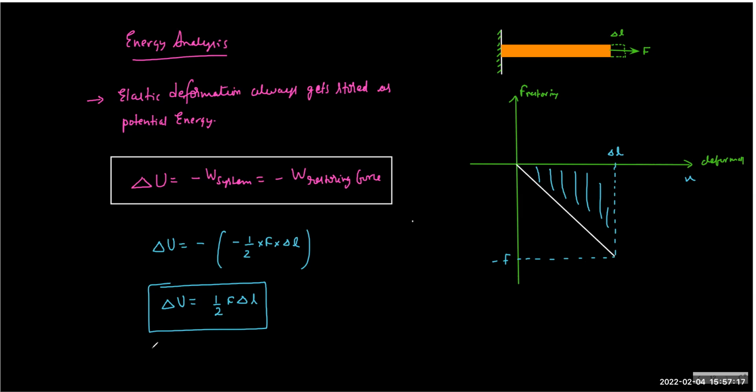But if you look at the work done by the external force, you can see clearly it is F delta, right? Because work is defined as force into displacement. And you can see that the potential energy stored is not equal to the work done by the external force. It is only half the value.